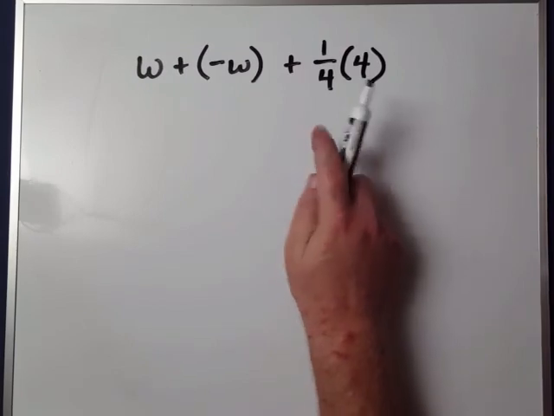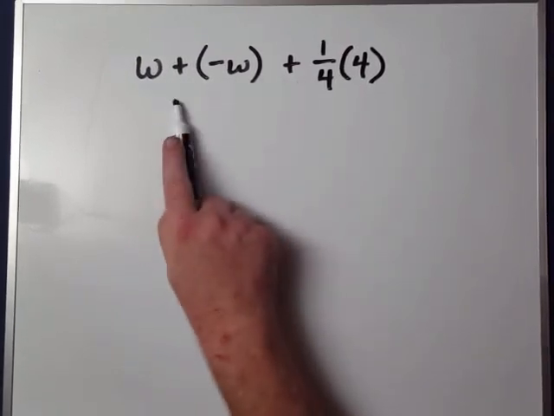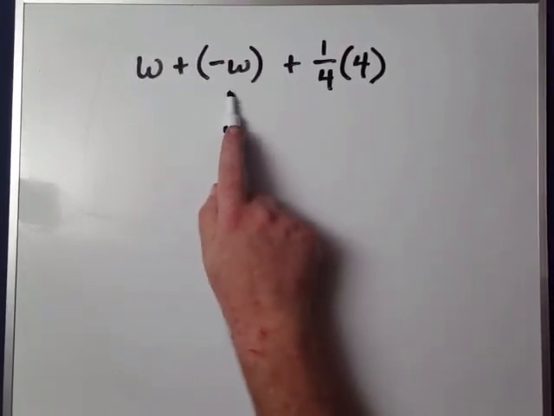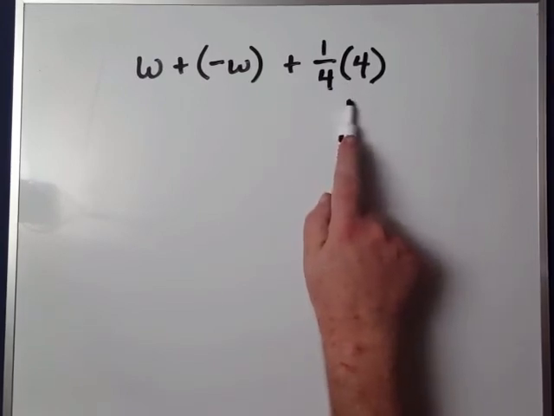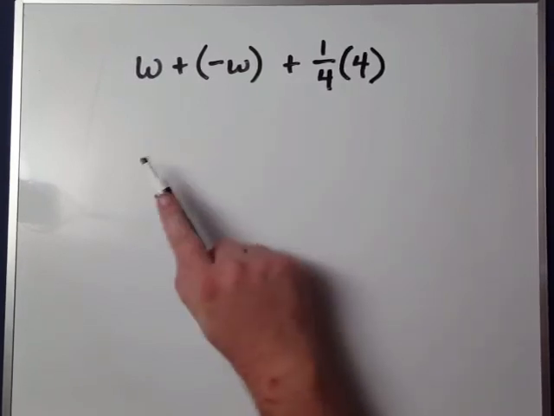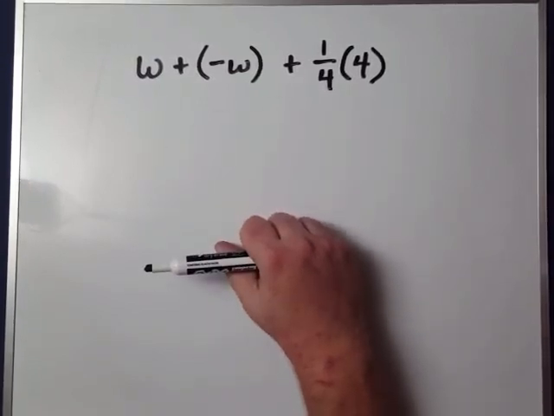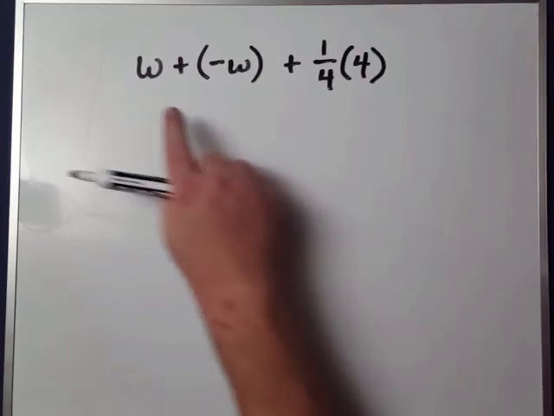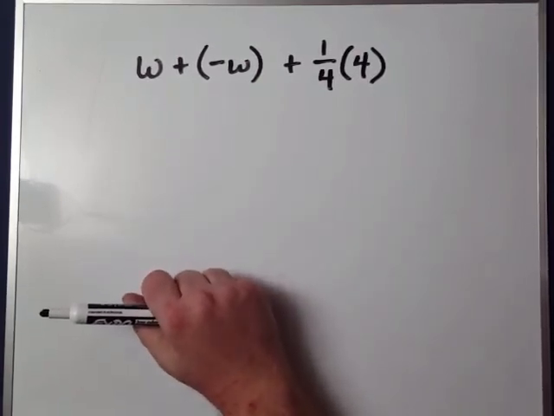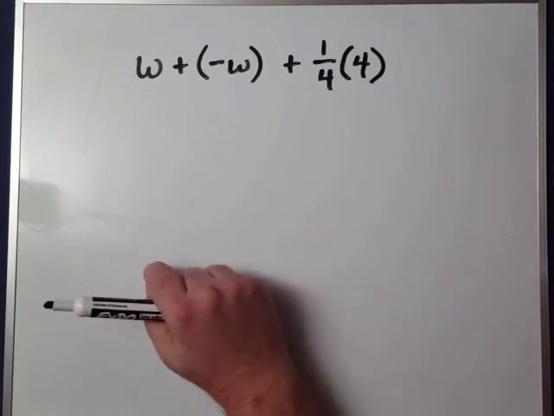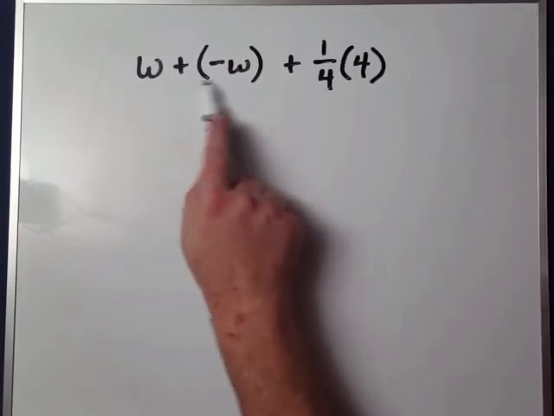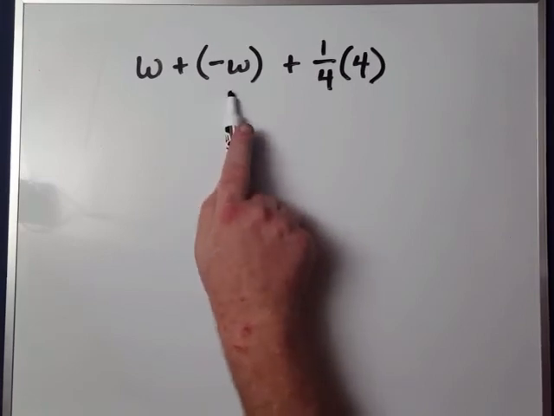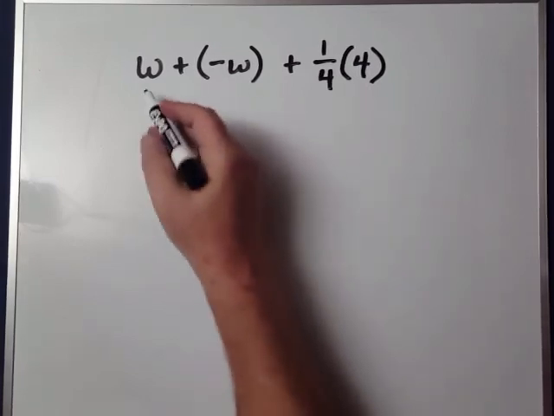As we look at this, we see we're adding. We have 3 different terms, the W, the negative W, and this product at the end. And I can group those however I want. And so I'm going to choose to add the first 2 together first. That's my associative property of addition. W plus negative W, those are opposites, they're additive inverses, so they cancel.